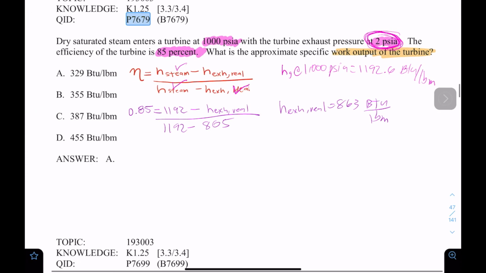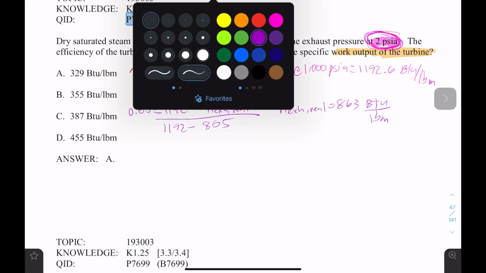Okay. Do I see that in here? No. I don't see it in here because that's not my answer yet. It's not asking me about my enthalpy. It's asking me about the work output. And this is just one step.